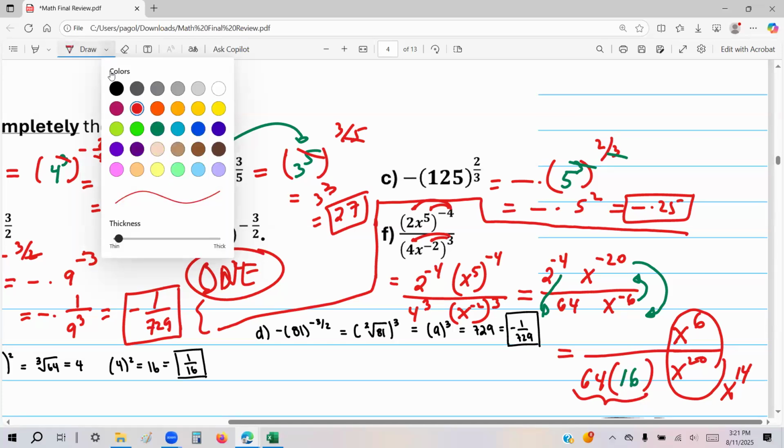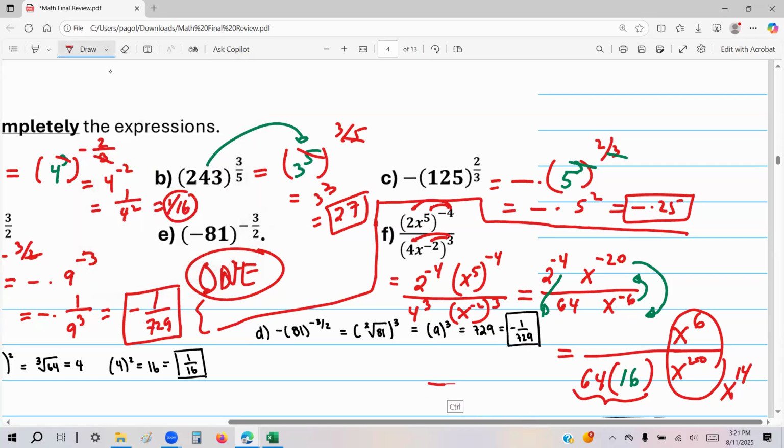So you multiply 64 times 16, and you get x to the 14 on the bottom. And what is 16 times 64? How much? 1024. But we have nothing on the numerator. So what goes in the numerator? 1.